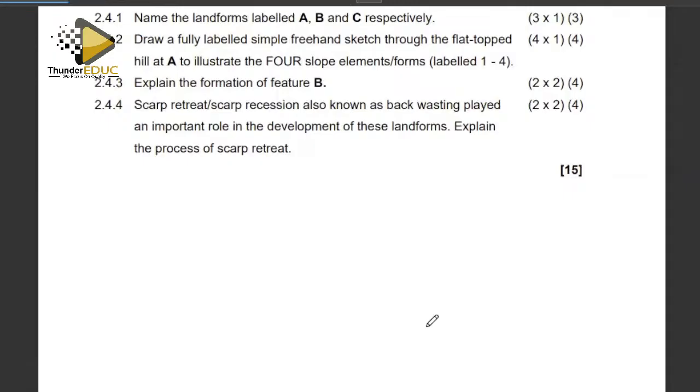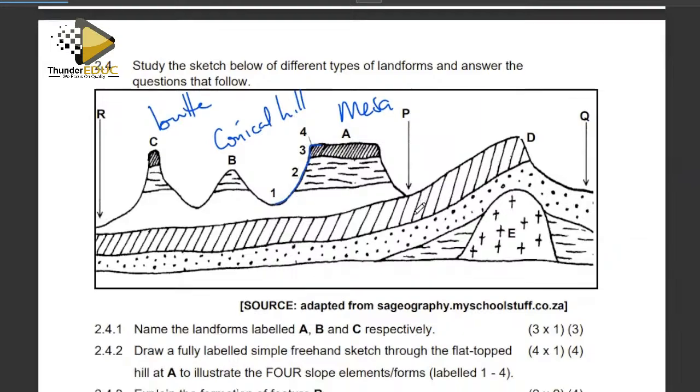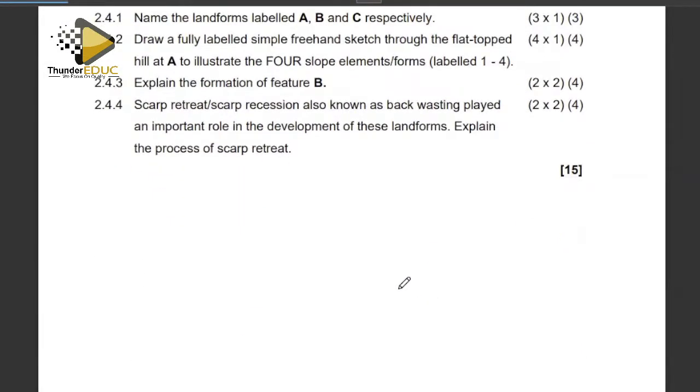Right, when you're drawing this, whichever way you're going to draw it, I will draw it facing the opposite side. We want to draw this part to show these elements here. The slope elements that we have, starting from the top, right, we have the hard and resistant rock cap here, and then the softer rocks. So what is going to happen is, from here, we have a sloping scarp like this.